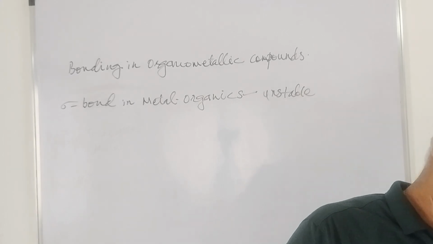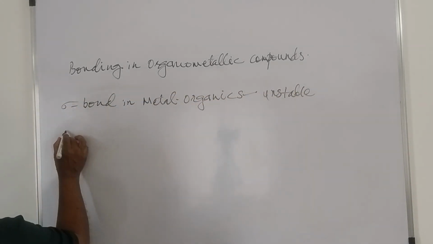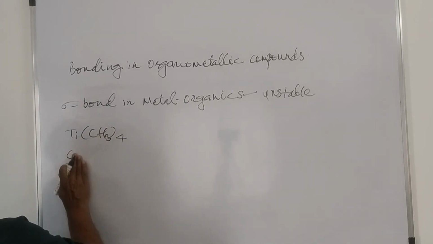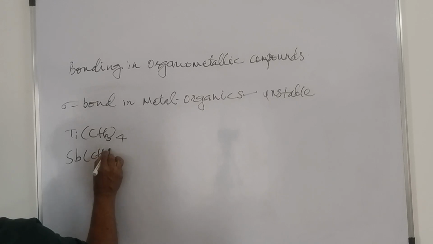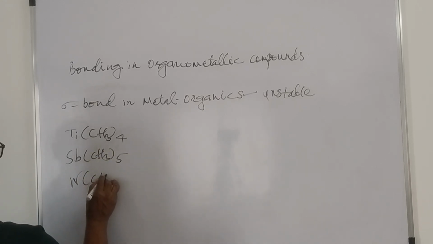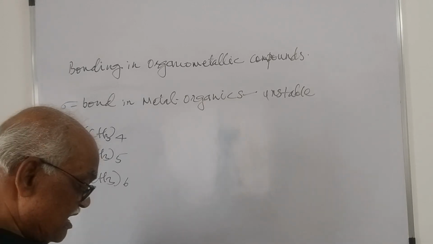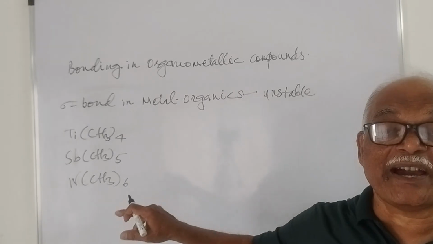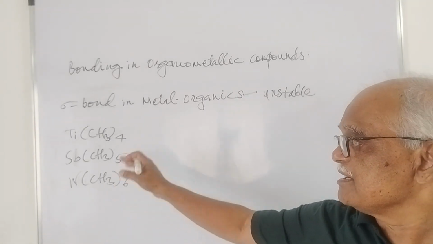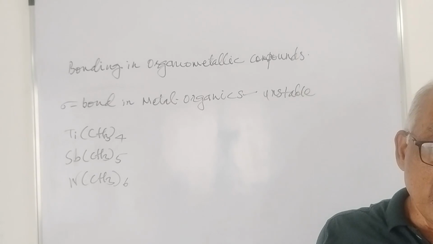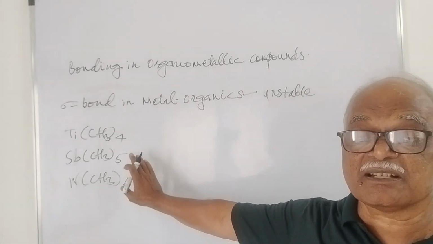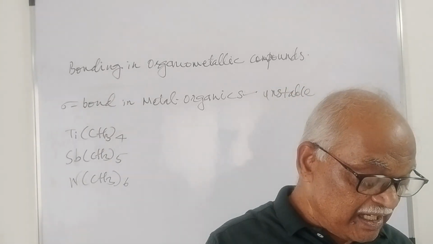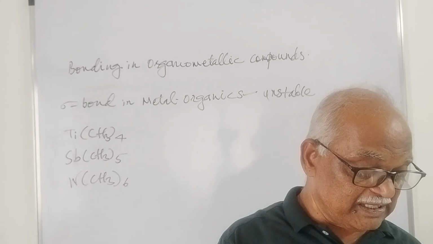If we take the examples of Ti(CH3)4, Sb(CH3)5 and W(CH3)6, it is found that these species are stable, and that is why they can be characterized, meaning we can determine their characteristics. For this purpose the compound should be stable at least under some conditions. Then only is characterization possible.